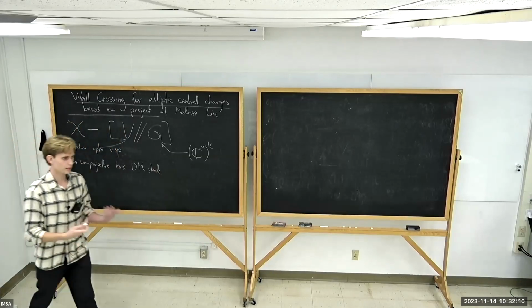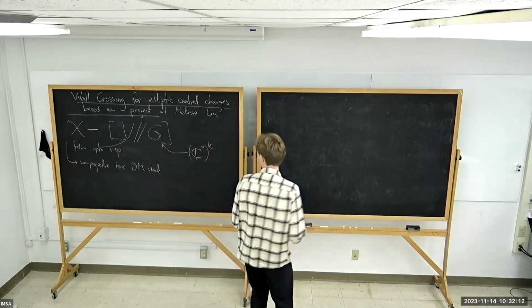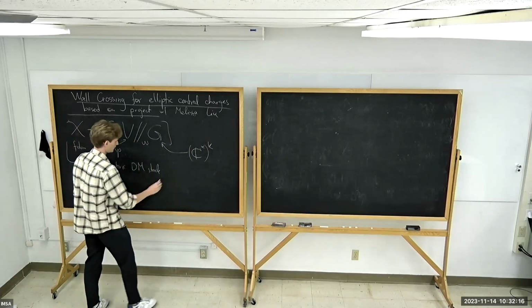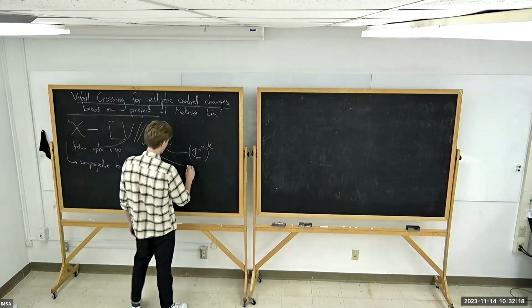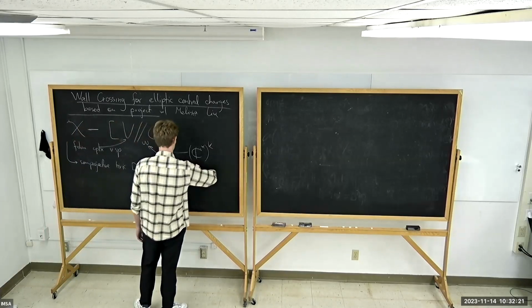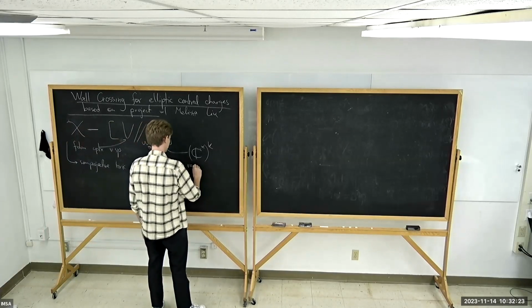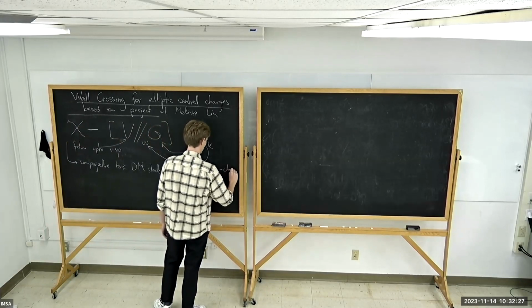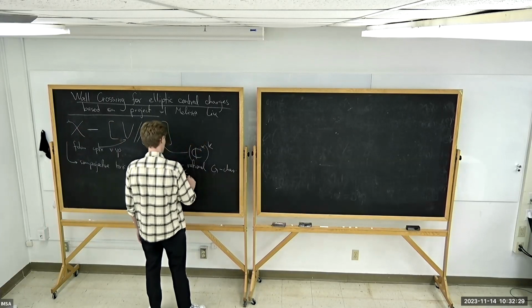The idea is that GIT quotients are associated with some choice of stability conditions. Omega is a rational G character, a stability condition.